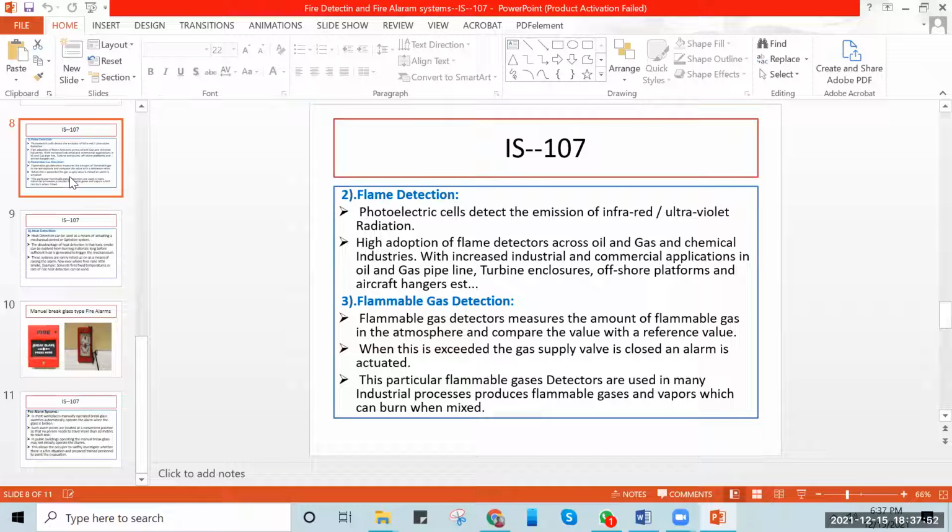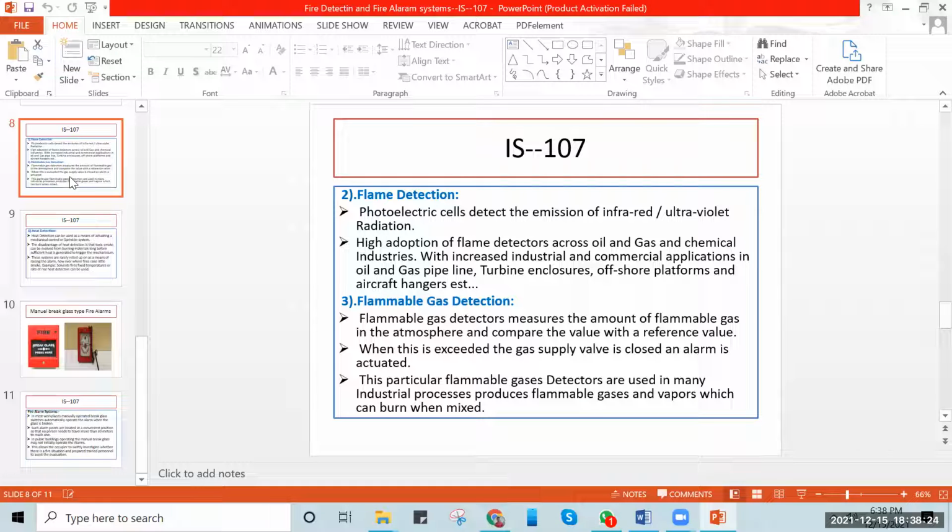And if the gas value exceeds the limit, the alarm will start sounding, and it will directly give information to the control room as well as to the fire department or any other department, mainly for leakages and gas detection.